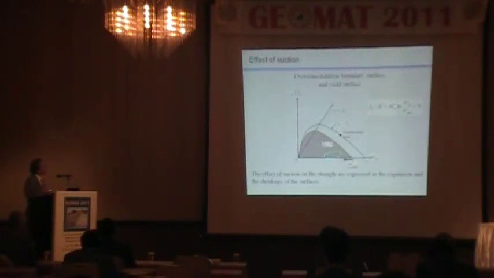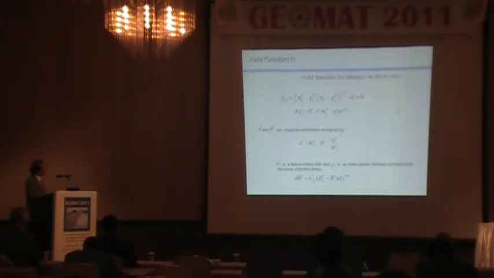This is the schematic figure, an illustration of the shrinkage of the boundary surface with respect to the change of suction and the accumulation of plastic strain. For the change of the stress ratio, we adopted this type of function with the kinematic hardening parameter chi_ij, having two material parameters.